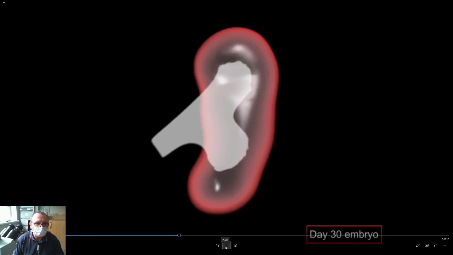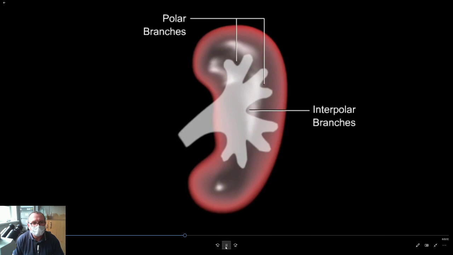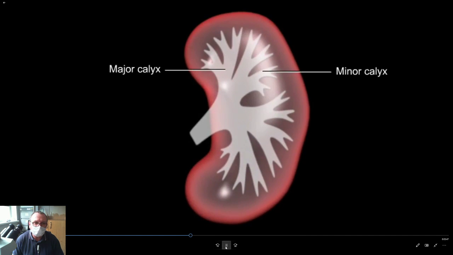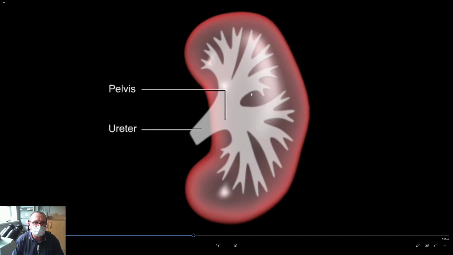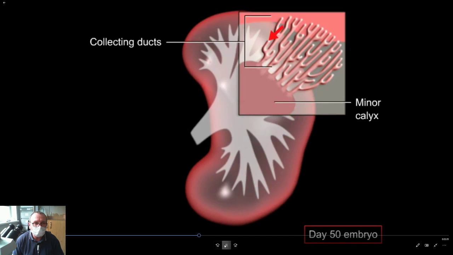It's branching, and it doesn't branch only once, it branches many times, and during this branching it forms the pelvis, it forms calyces, and at the end it forms collecting tubules and ducts. As there are about 1 million nephrons in each kidney, there must be at least 1 million of these terminal branches of the collecting system.